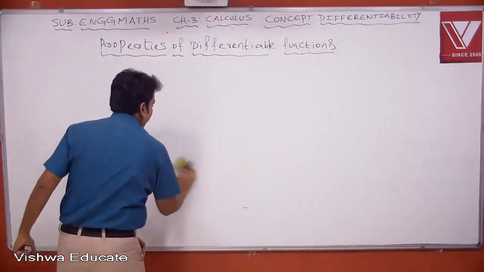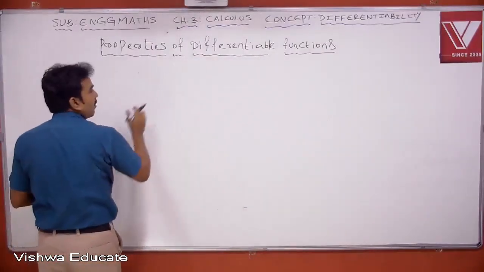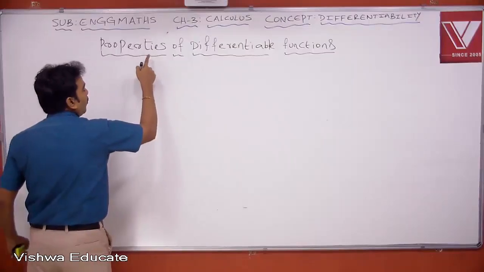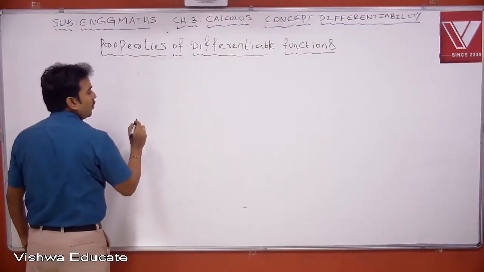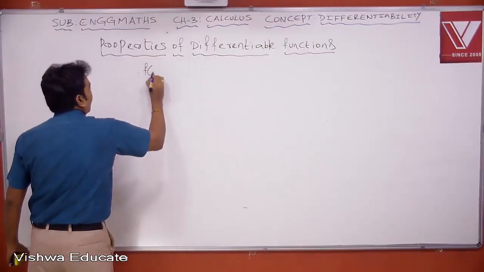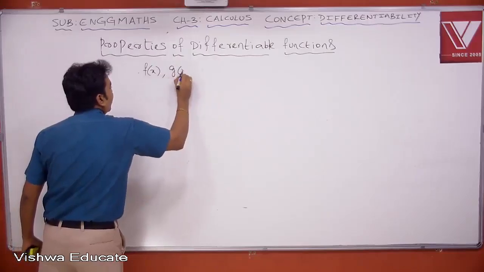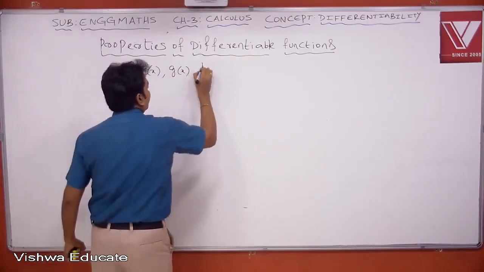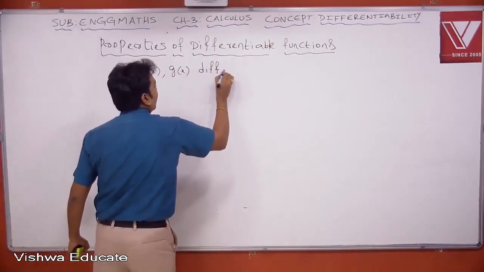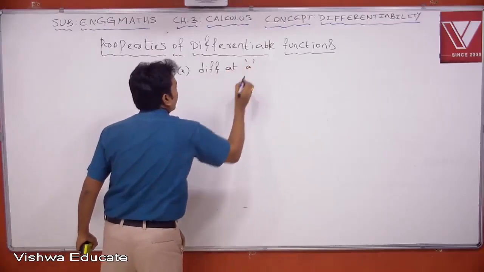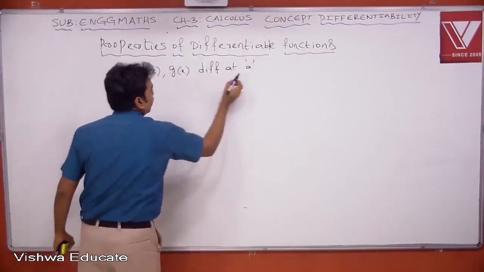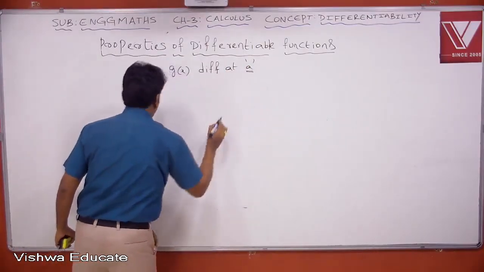In one of the previous sessions, we have seen properties of continuous functions. The same properties will work even for derivatives also. Suppose I have two functions f of x, g of x. Assume that both are differentiable at the point A. Functions are different but both are differentiable at a common point A.